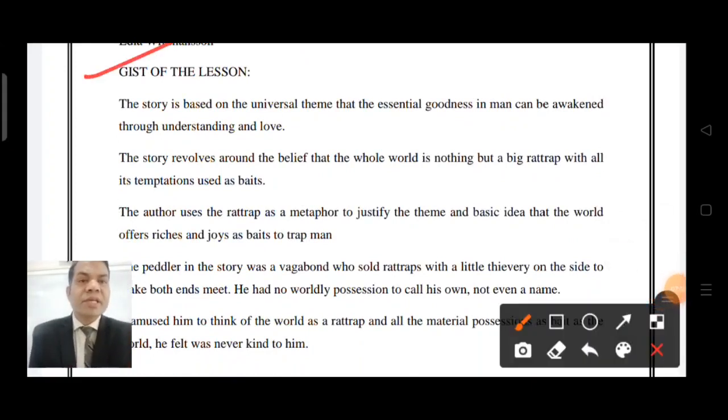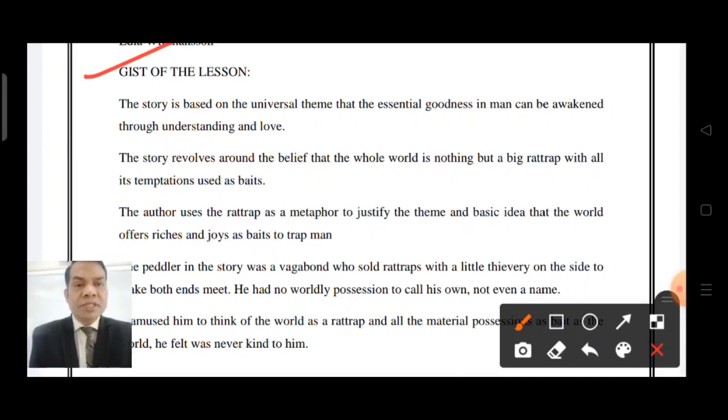The story is based on the universal theme that the essential goodness in man can be awakened through understanding and love. The story revolves around a belief that the whole world is nothing but a big rat trap, with all its temptations used as baits.